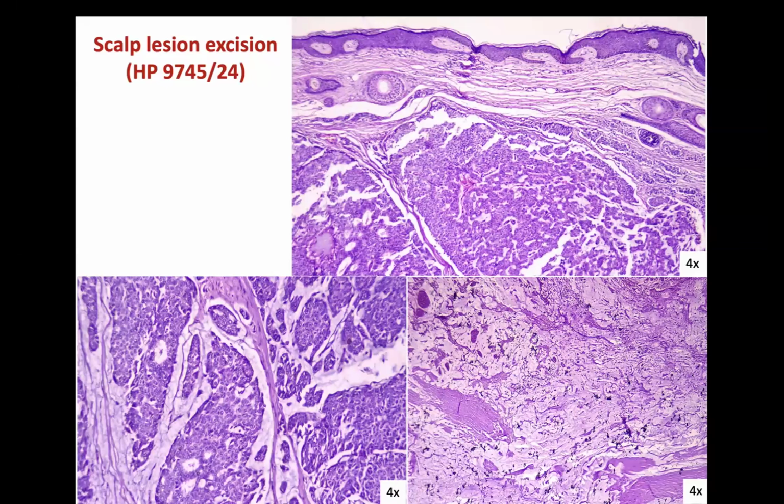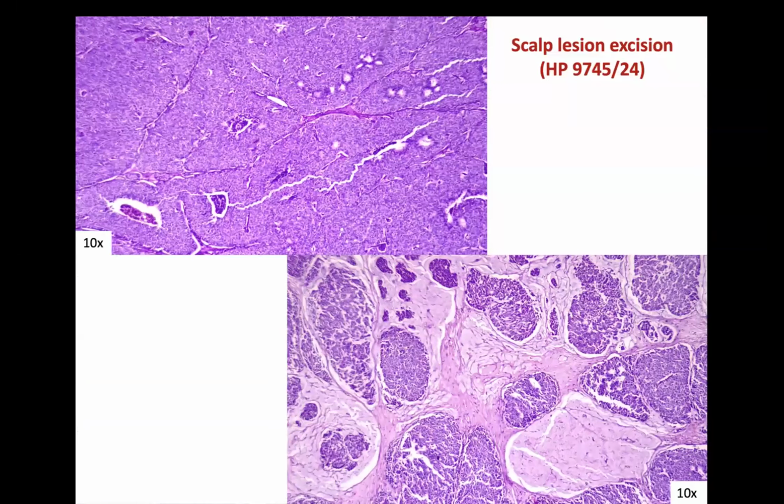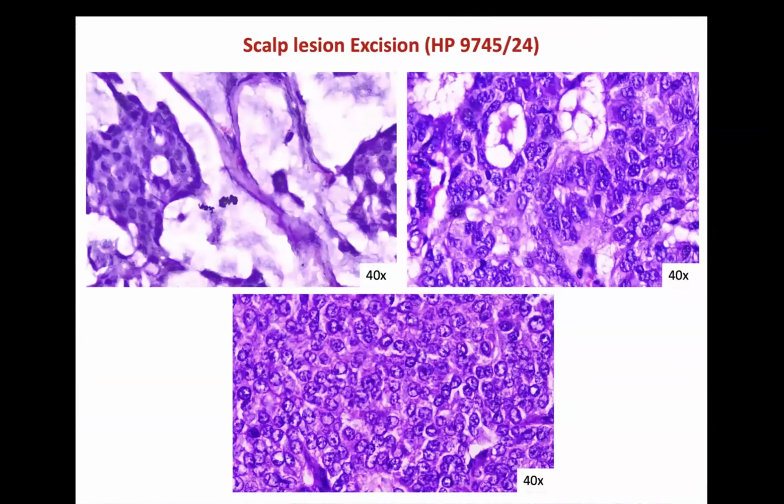I'll show the high power. This was a cellular area which showed large lobules and sheets of tumor cells with some ductal differentiation, whereas the mucin-rich areas showed smaller lobules. On high power, the tumor cell groups did not show much pleomorphism. There was focal ductal differentiation, and you can see the flat to cuboidal cells lining the ducts amidst the mucin pools.